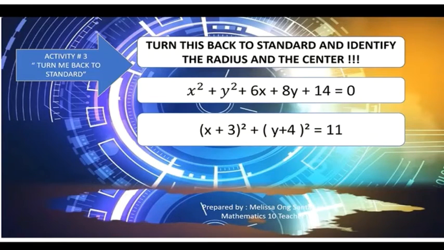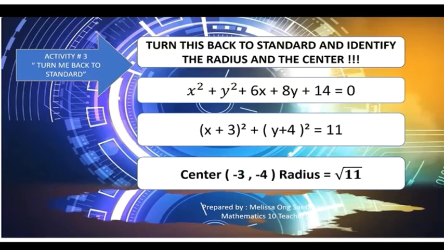So you can now see where the center is located. If it's positive 3 here, obviously your x coordinate is negative 3. If it's positive 4 here, your y coordinate is negative 4. And your radius is always the square root of your r squared, which is the square root of 11. So you would have this.